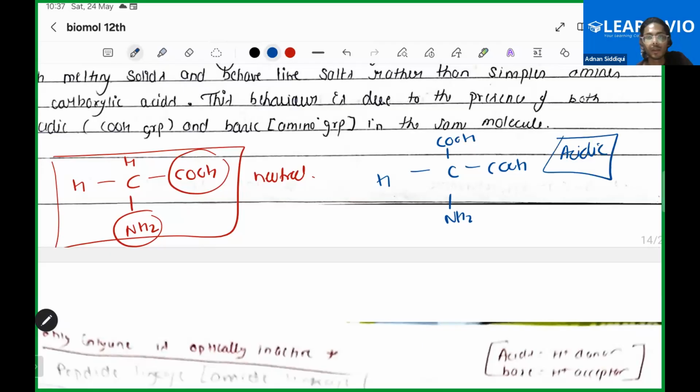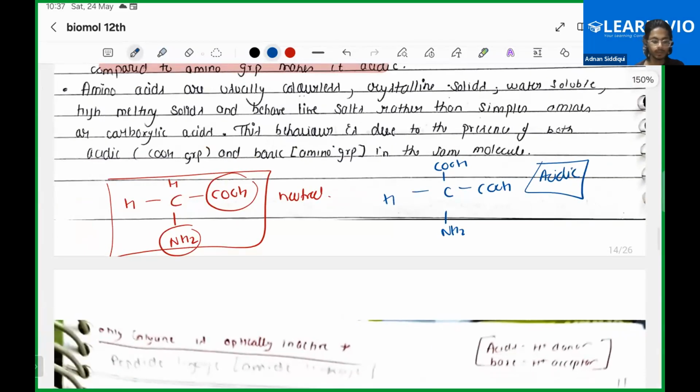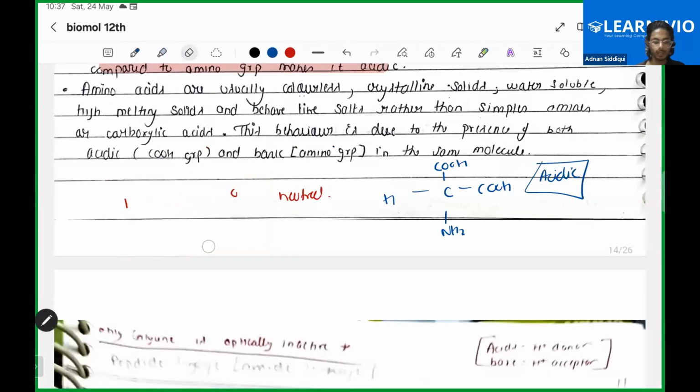So if the amino and carboxylic groups are the same, it is neutral; if amino is more, basic; if carboxylic is more, then it will be acidic.